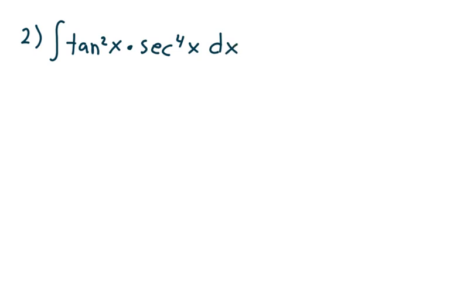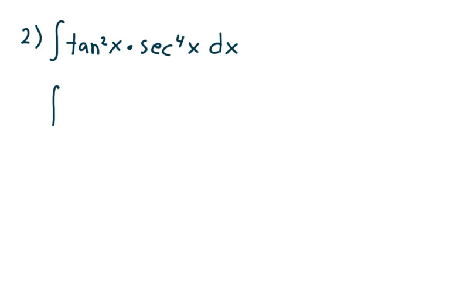Let's take a look at example 2. Suppose I have the integral of tangent squared x times secant to the 4th x dx. Now, if you notice, I have an even power of tangent and an even power of secant.